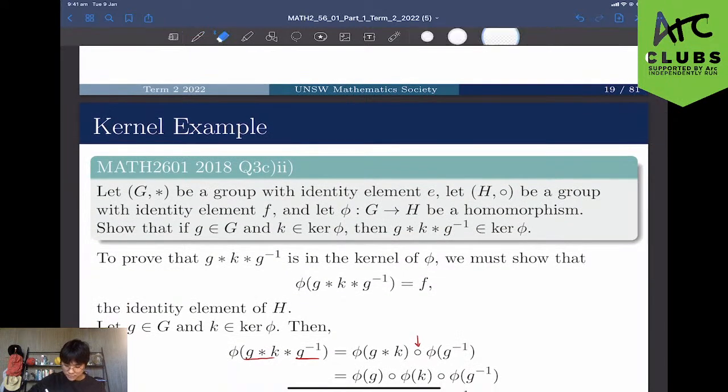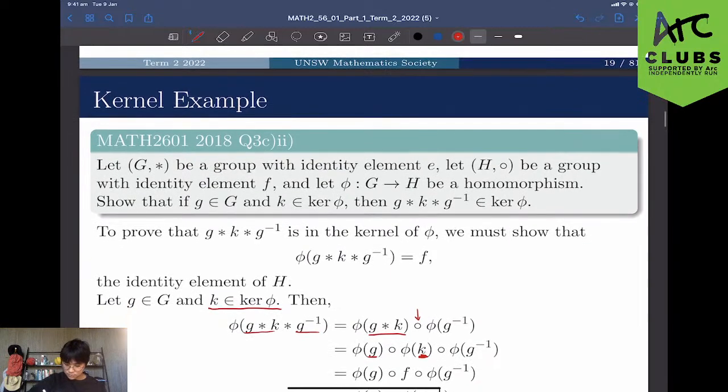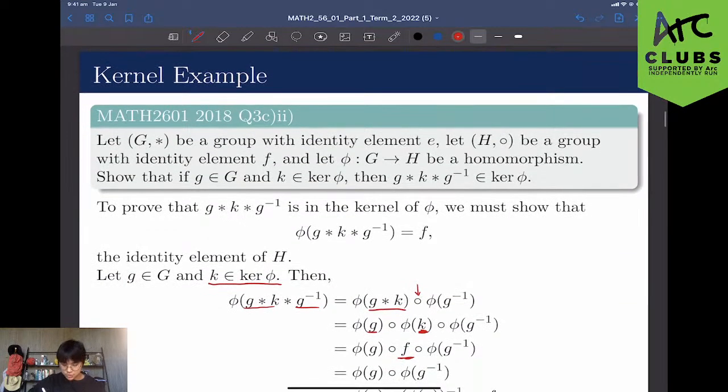And then we can break this up into two chunks again. But then what we realize is that since k is in the kernel of phi, phi k is just going to be equal to the identity element in H, which is F. And then obviously this is just going to disappear, which leaves us with phi g and phi g inverse.